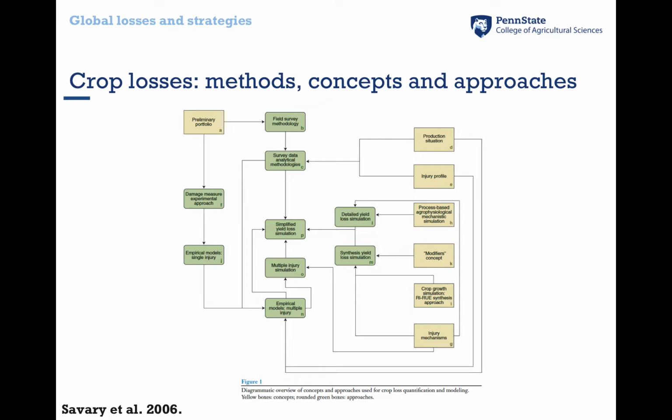The other way is a field survey methodology, and how we collect that data is going to vary a little bit by the question we're talking about. If anybody's ever done empirical crop loss research, you know it's challenging to set up those trials to make sure you capture the widest range possible of the impact of the disease on crop yield, but that often provides avenues for simplifying this into a simulation model and going that way.